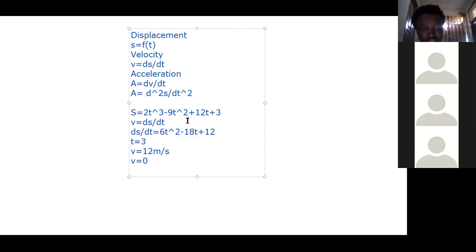So we equate the velocity equation to 0. So when and where the particle is momentarily at rest, you're talking about the time. So when we equate ds/dt is equal to 0, what are you getting?